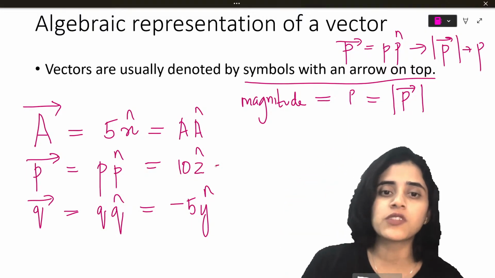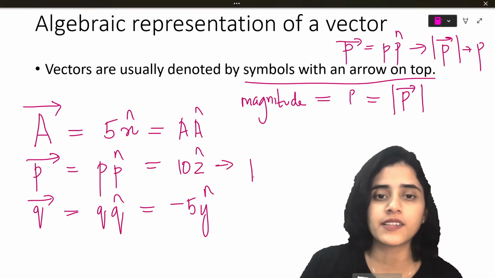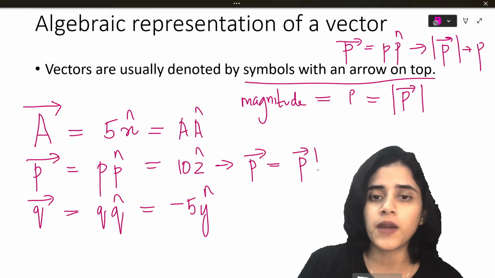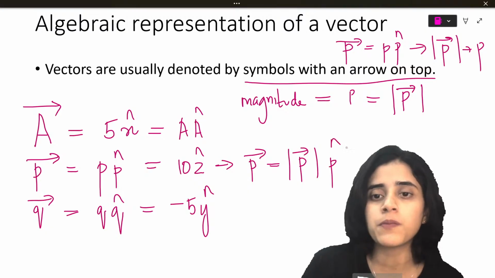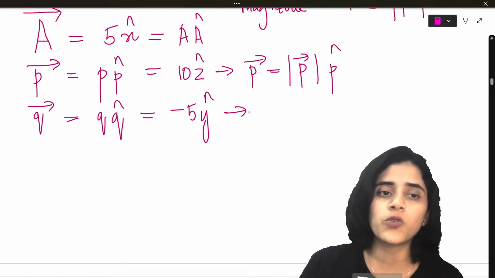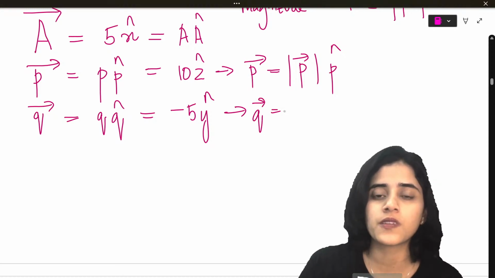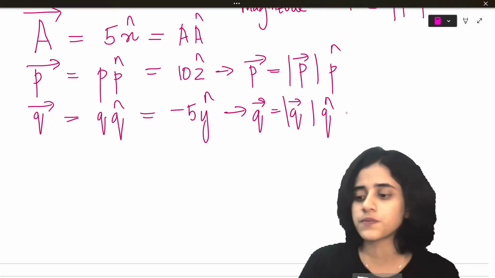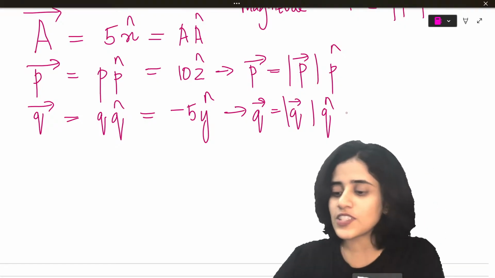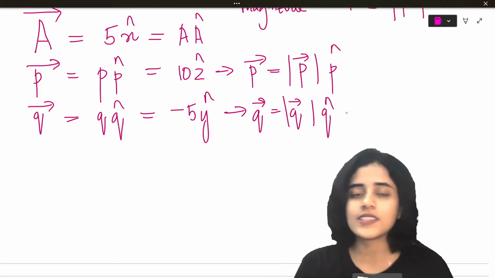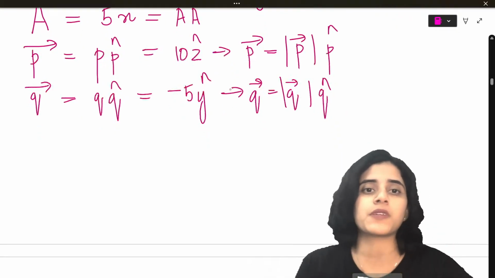Now I can modify this. P vector is equal to magnitude times P cap. Now Q vector is equal to Q magnitude times Q cap. So these are all different forms in which you can represent a vector.